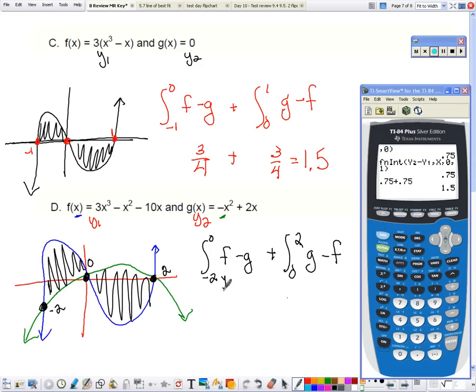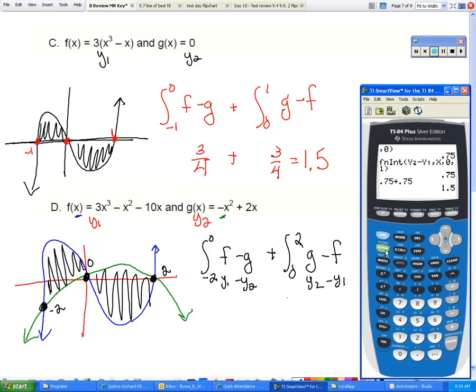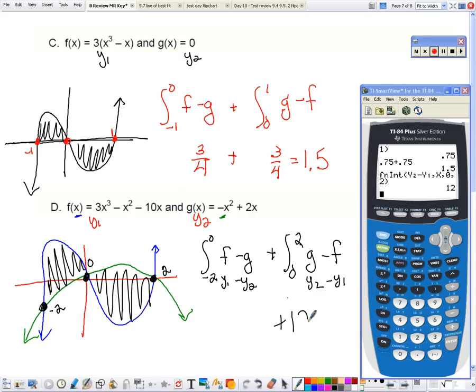So this is y1 minus y2, this one's y2 minus y1. Alright, y2 minus y1 is this, and I need that from 0 to 2. That is a value of 12.